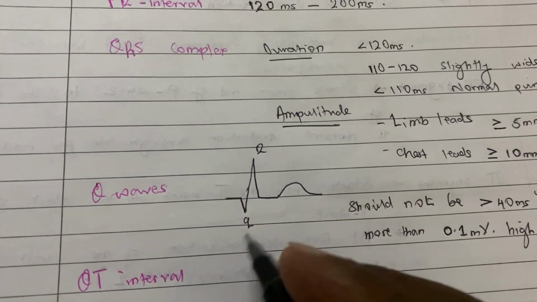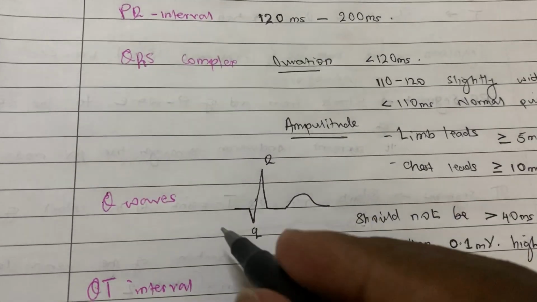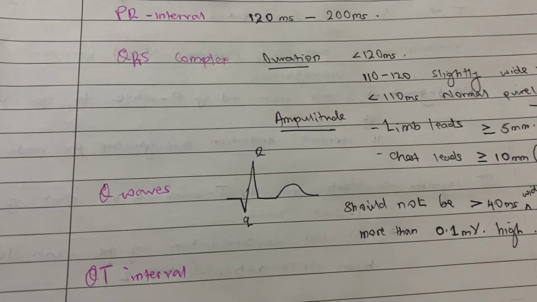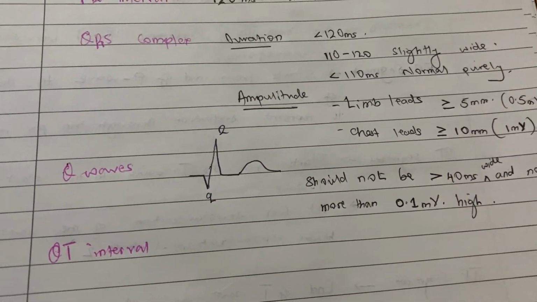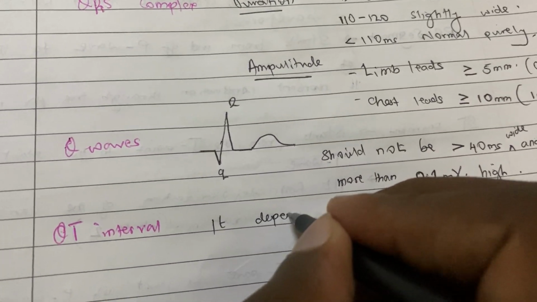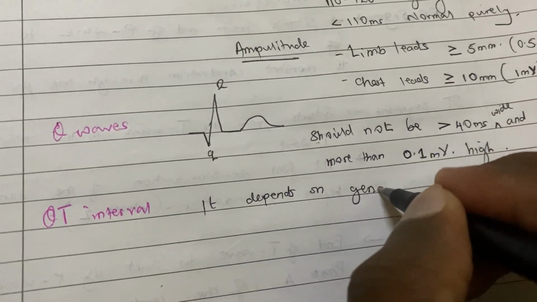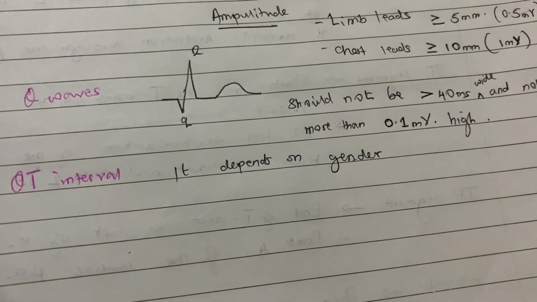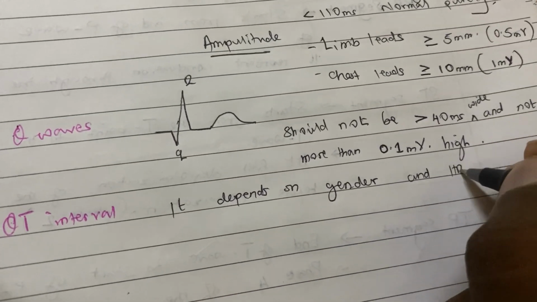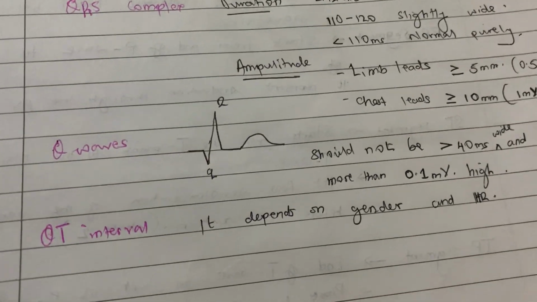So the normal one depends on the population or gender, female or male, and also depends on the heart rate.